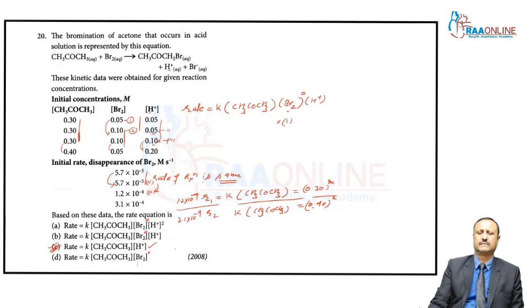The concentration changes, so R1 and R2 change. Then you can calculate this concentration. So, you can also get the option C, because you can get the first order reaction. So, my dear students, we can easily calculate the concentration and order of reaction by the use of these formulas.